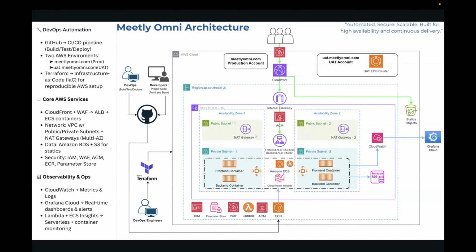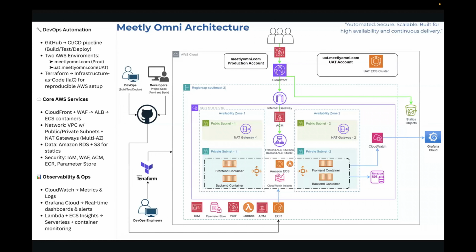Containers run in private subnets and access the internet securely via a NAT gateway. They connect to Amazon RDS, our fully managed relational database, for persistent data. Static assets are served directly from an S3 bucket.